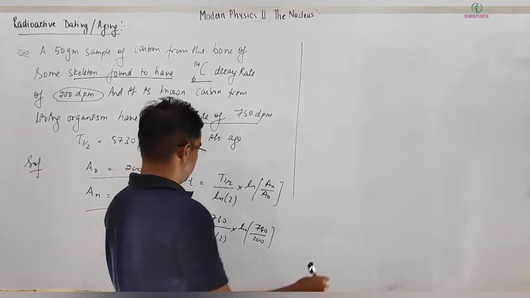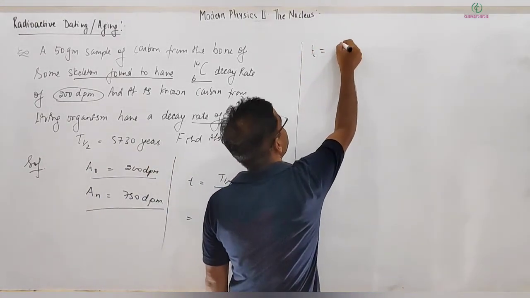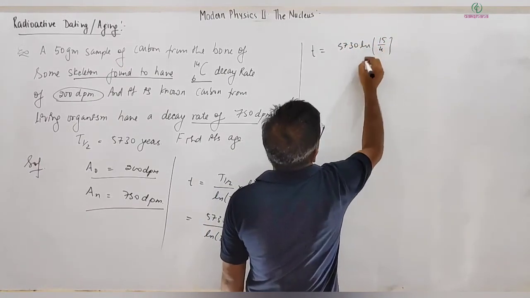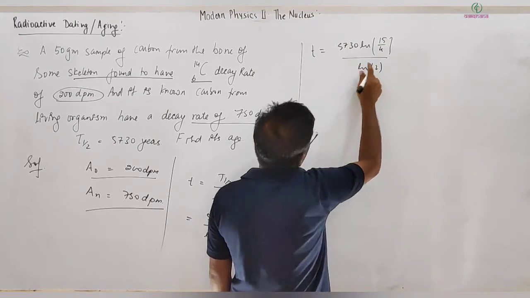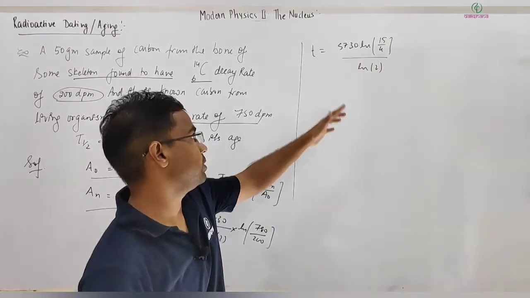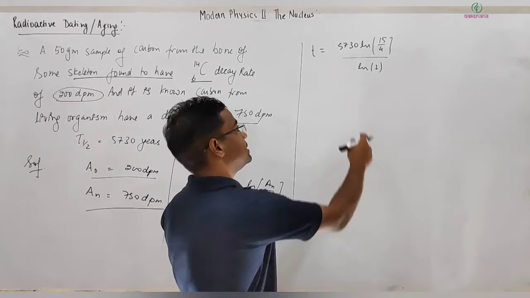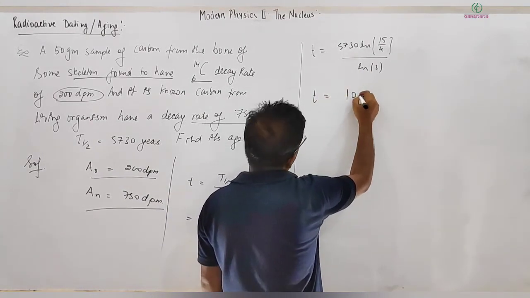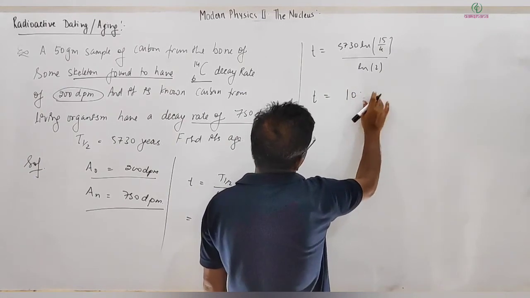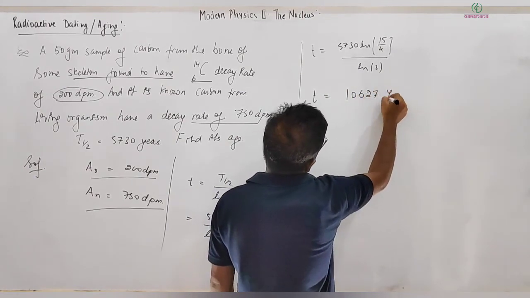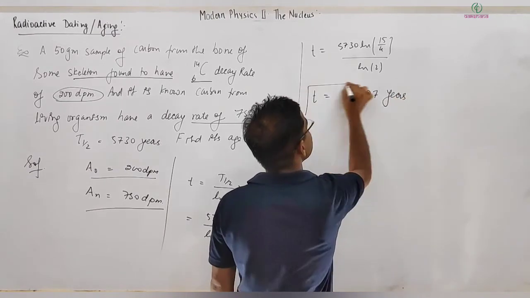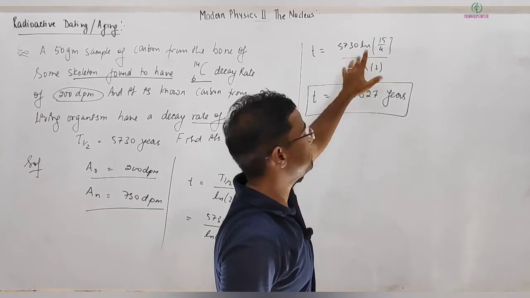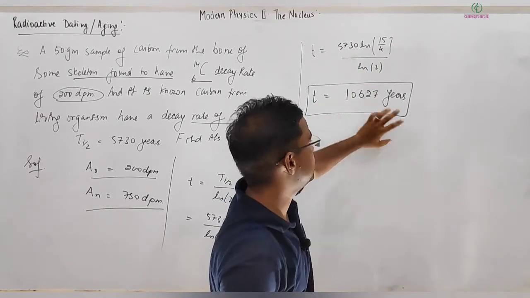Solving it, we get T equal to 5730 ln(15/4) divided by ln 2. You can convert the natural log into log also, and simplifying it using the calculator you will get T comes out to be 10,627 years. You can check the calculation here.